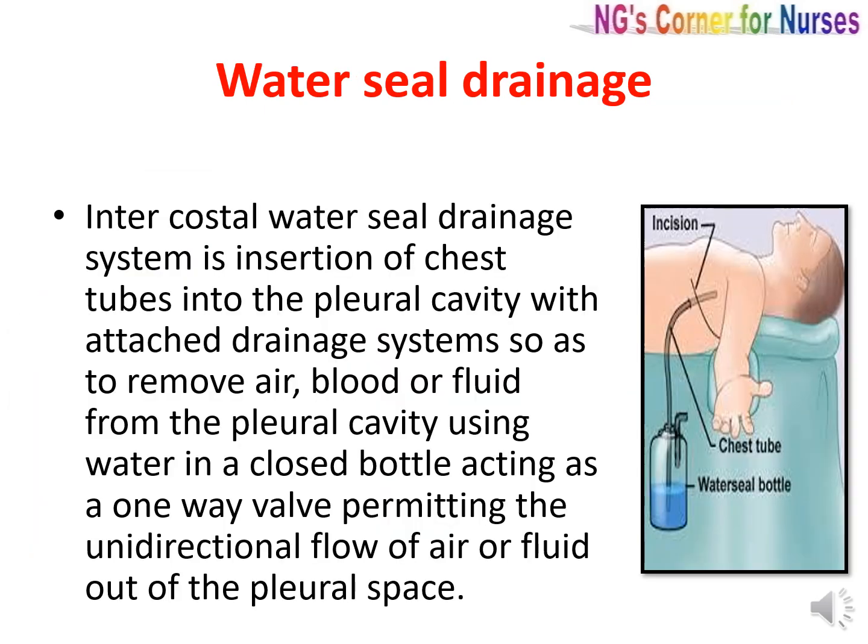Intercostal water sealed drainage system is insertion of tubes into the pleural cavity with an attached drainage system so as to remove air or blood or fluid from the pleural cavity, using water in a closed bottle acting as a one-way valve permitting the unidirectional flow of air or fluid out of the pleural space.